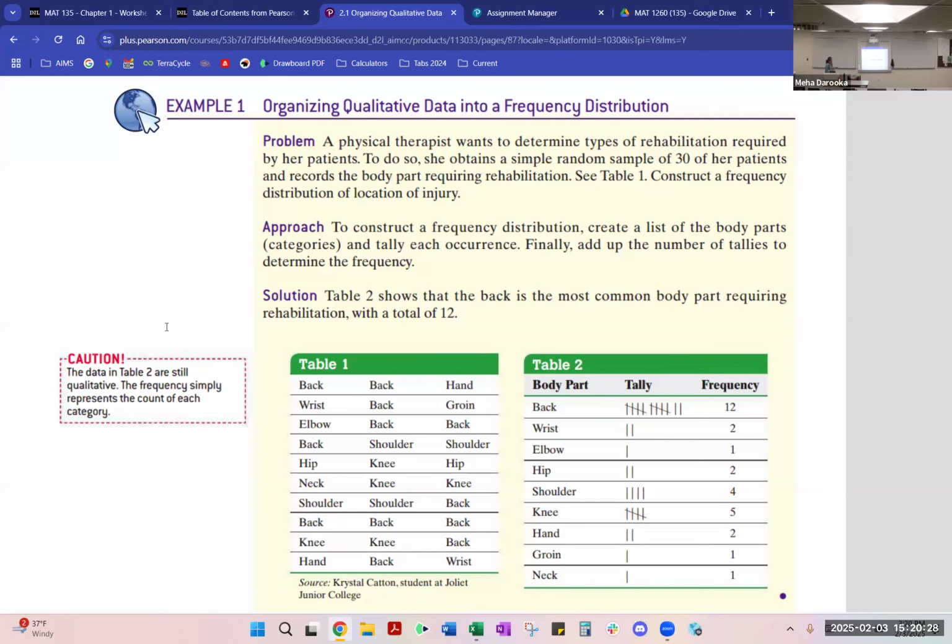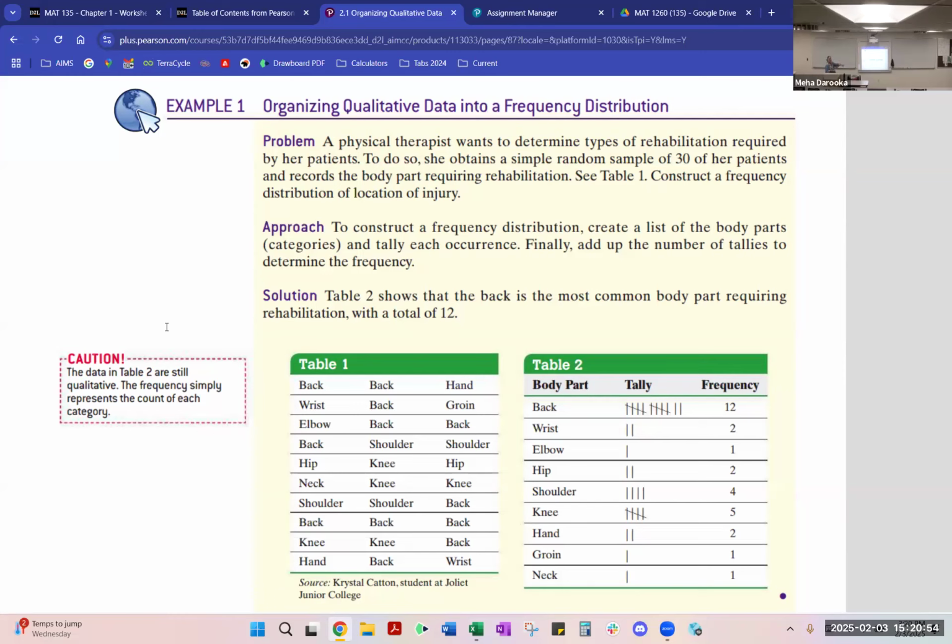So you can see in table 1 all the different body parts for the 30 patients who require PT: back, wrist, elbow, hip, neck, shoulder, hand, something else. Wrist, I think I already read that. Anyway, you can see there are a lot of repetitions for the different types of body parts that the patients require physical therapy for.